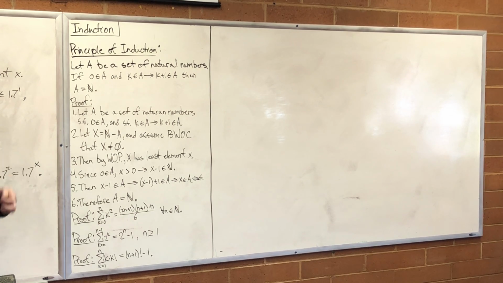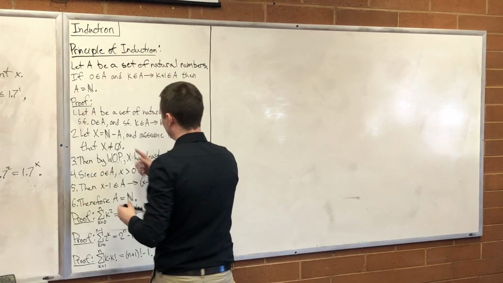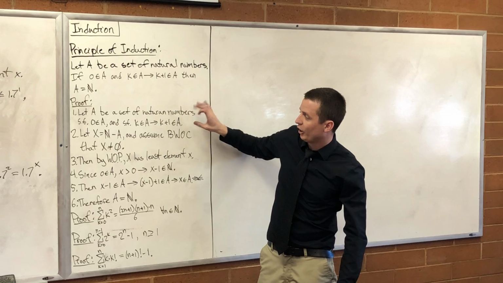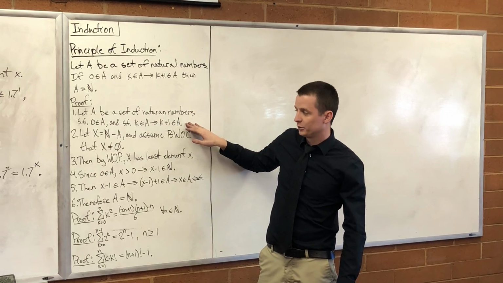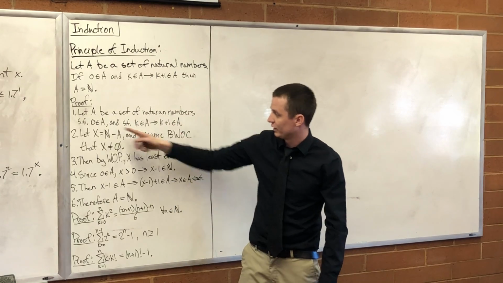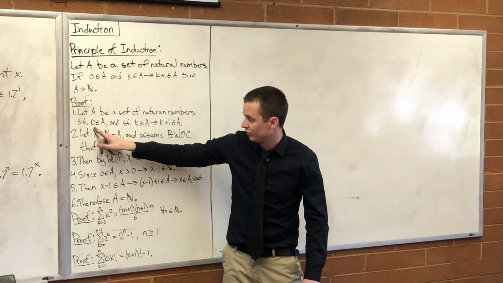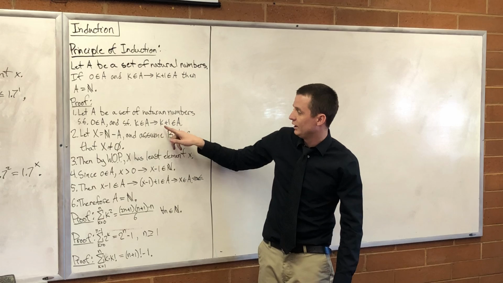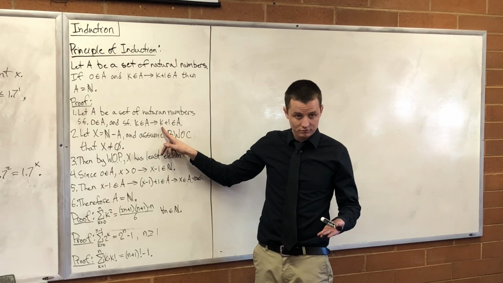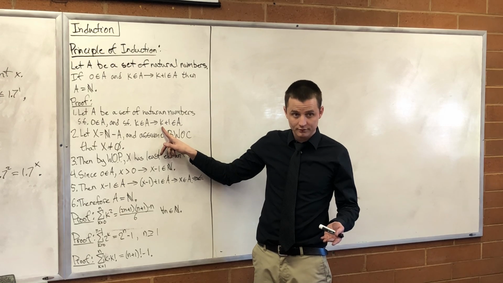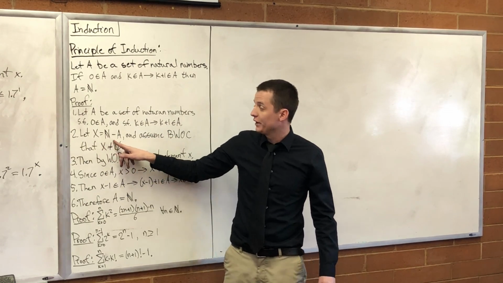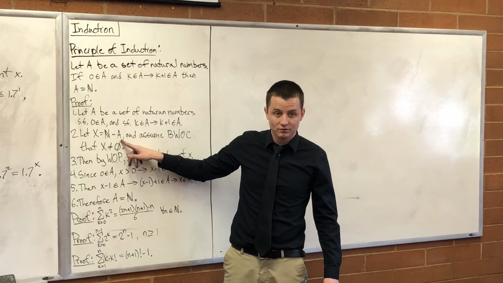Stick with me. Let A be the set of natural numbers such that 0 is in A, and anytime K is in A, K plus 1 is in A. I'm trying to show that A is equal to the natural numbers. Right? I'm going to let X be the set of all the natural numbers that aren't in A.